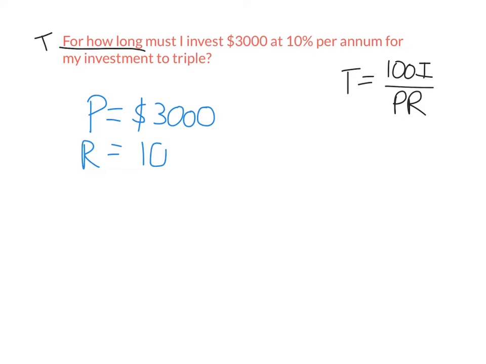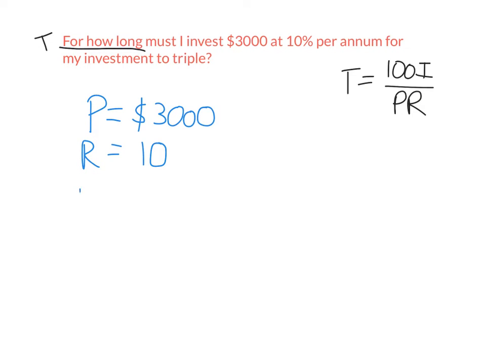What would confuse people here is what's the interest? If you want your investment to triple, a lot of people would say, okay, I needs to be 9,000. But if I was 9,000, at the end of the time you'd have 9,000 in interest plus 3,000 in principal, you would have 12,000. That means your investment would have quadrupled.